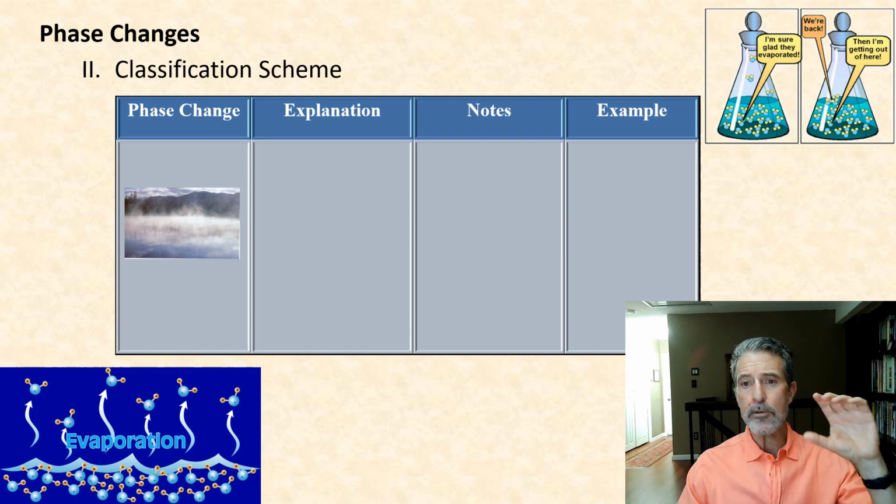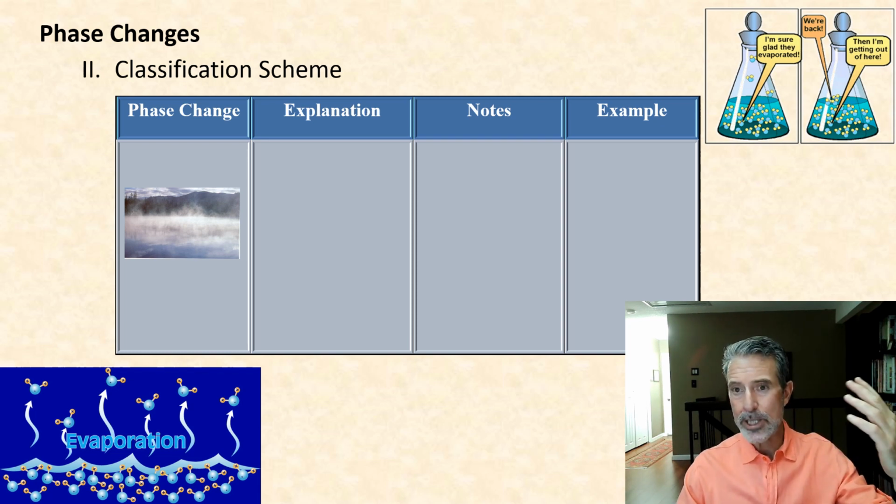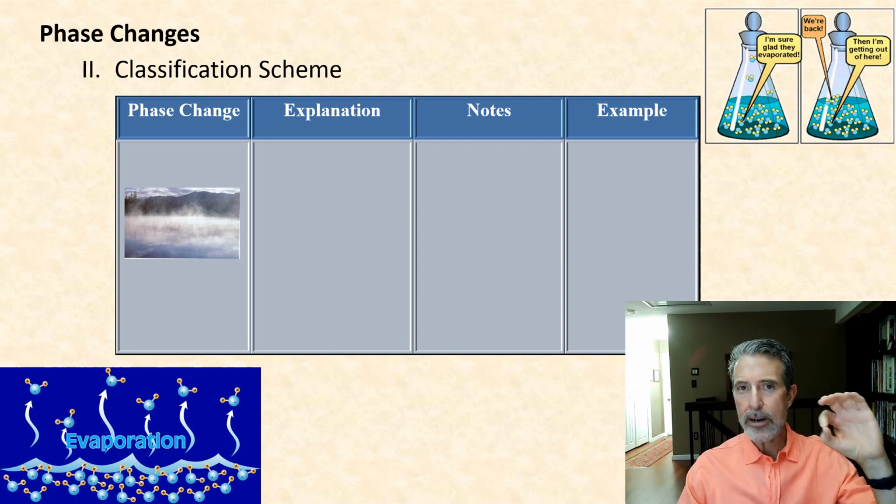We're now going to spend a few minutes classifying and explaining various changes of phase that matter can experience. Some of these terms will be familiar to you, some of them probably will not. Now remember that a change of phase or change of state involves matter transitioning from a starting state to an ending state.